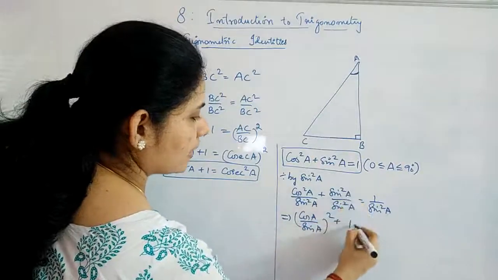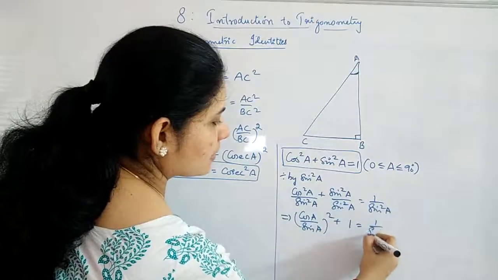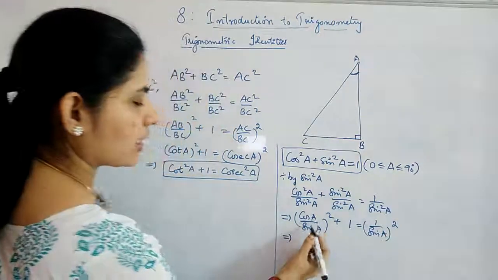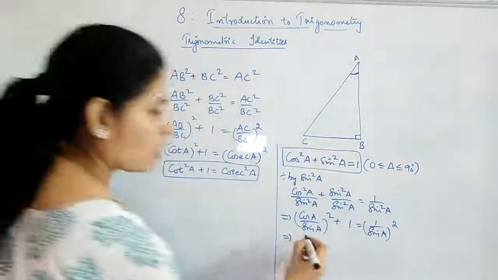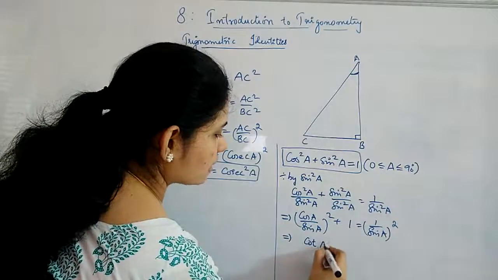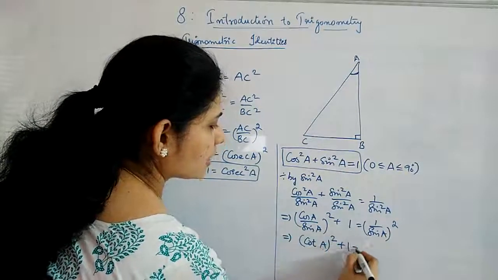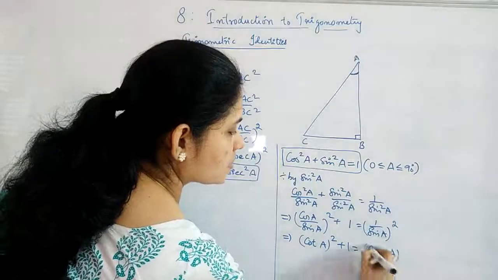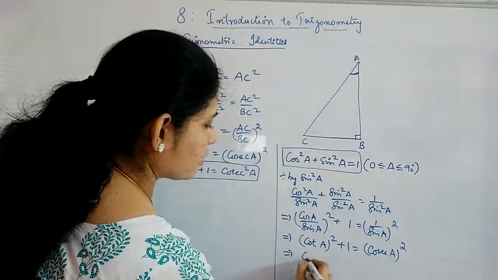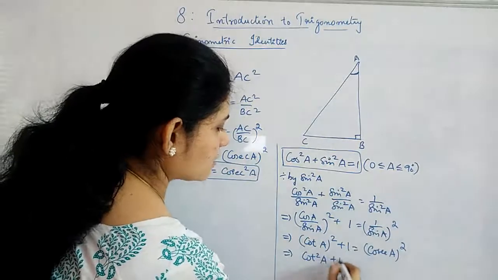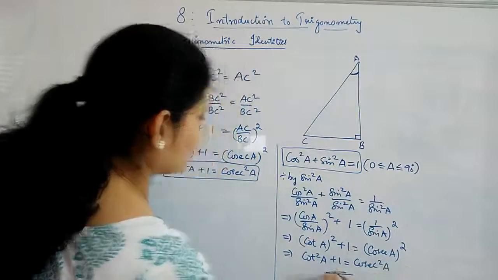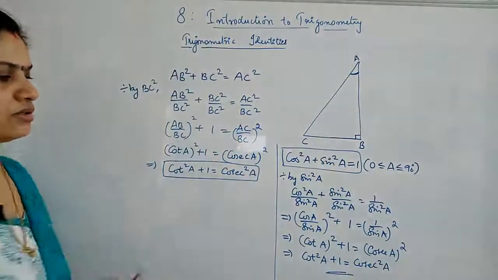This will become 1 by sine A the whole square. Now cos A by sine A is cot A. So you will get cot A the whole square plus 1 is equal to 1 by sine A, which is cosec A, the whole square, or cot square A plus 1 is equal to cosec square A. You just see, cot square A plus 1 is equal to cosec square A.